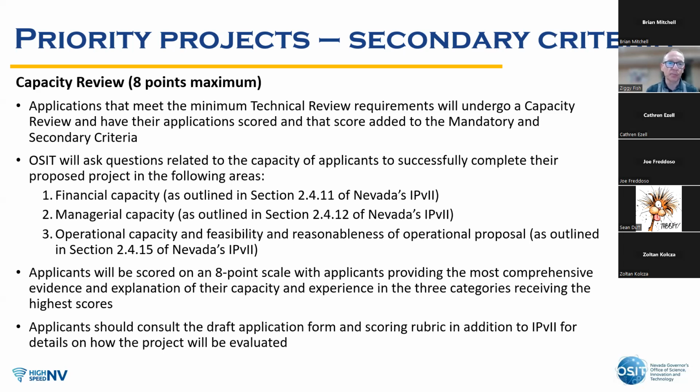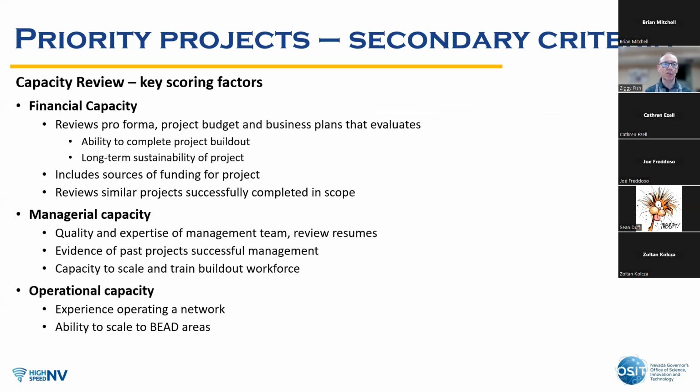And in addition to IPv2, you can look at the scoring rubric. Some of the sub areas we'll be looking at for financial capacity: you'll be submitting a pro forma, and we had a separate webinar on the financials where we went over some of this.